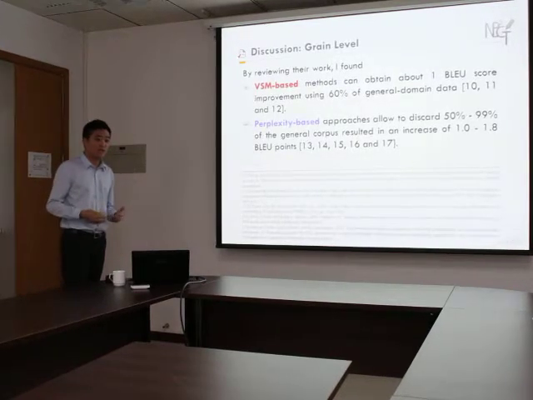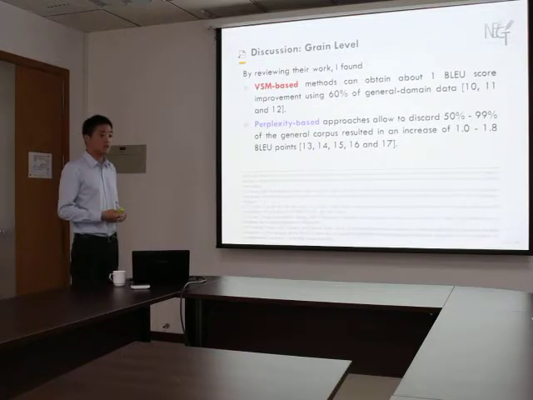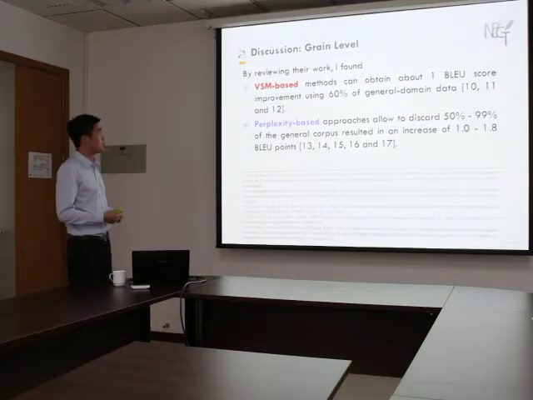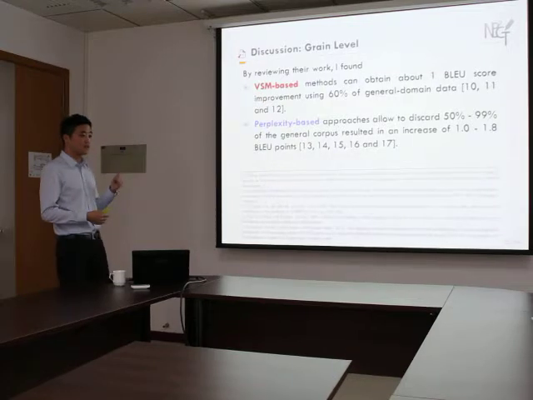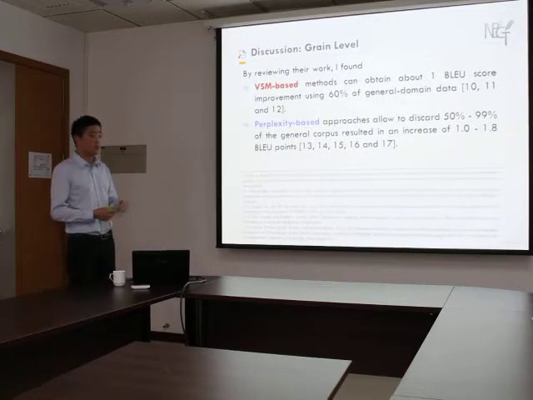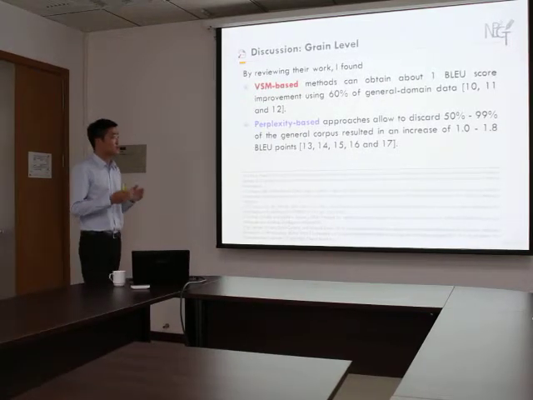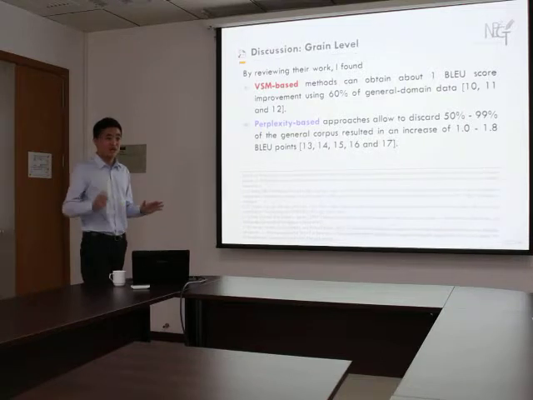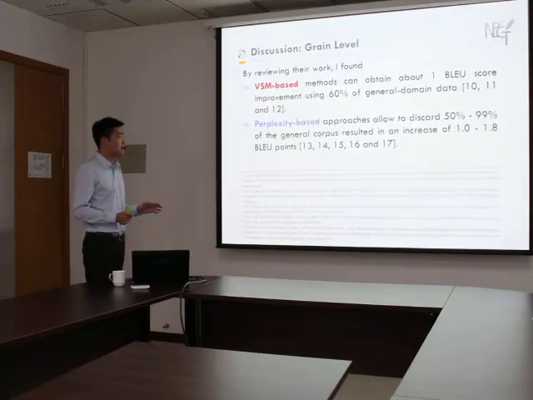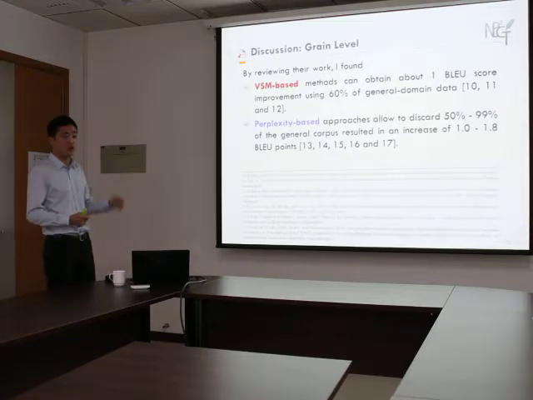By reviewing their work, I found that the VSM-based method can obtain about 1 BLEU score improvement using 6% of the entire data. But perplexity-based approaches can do better. It allows discarding 50 to 99% of general domain data, resulting in an increase of 1 to 1.8 BLEU scores.